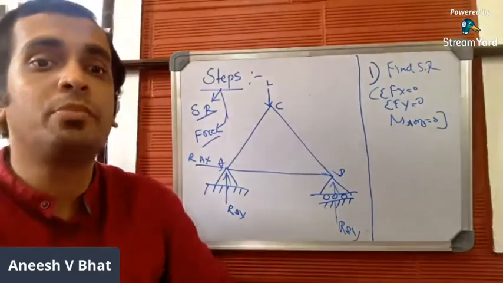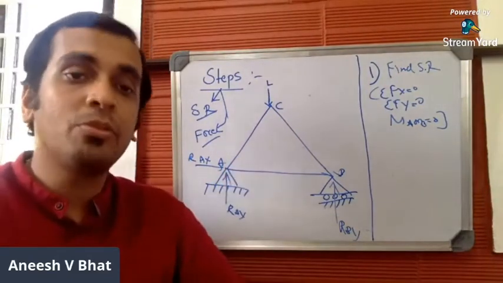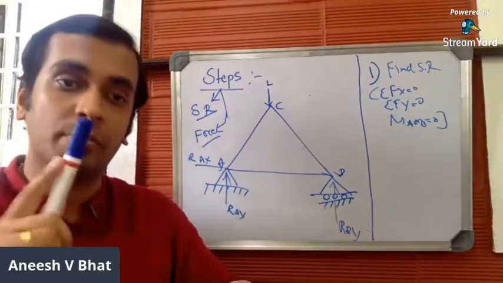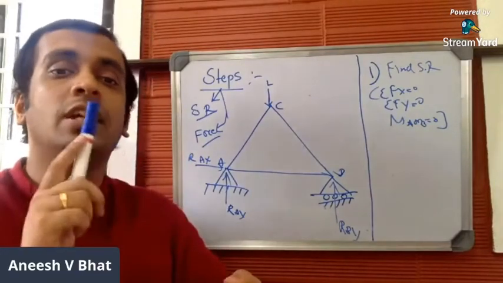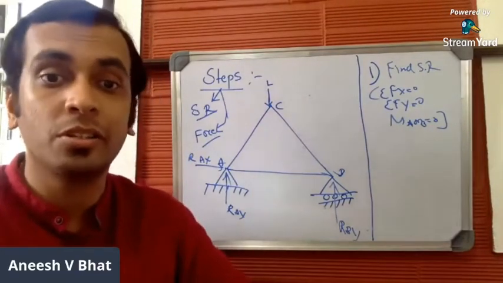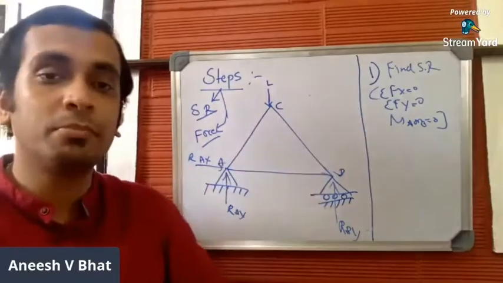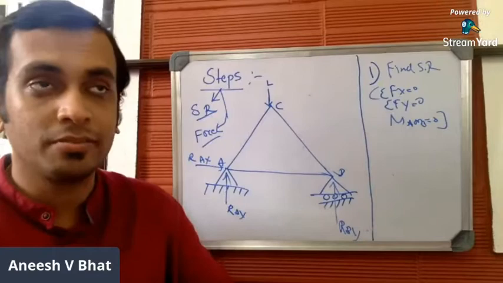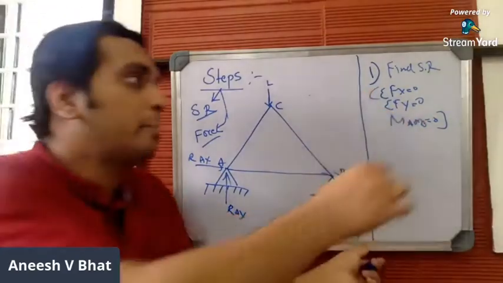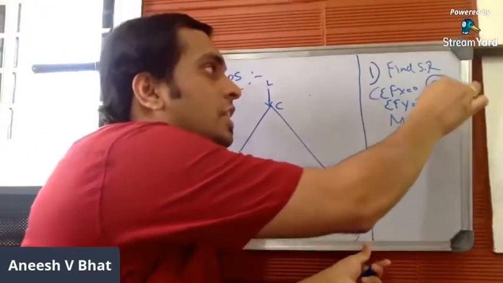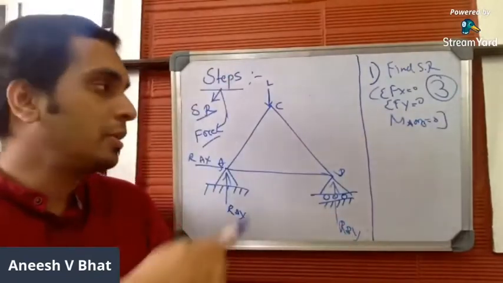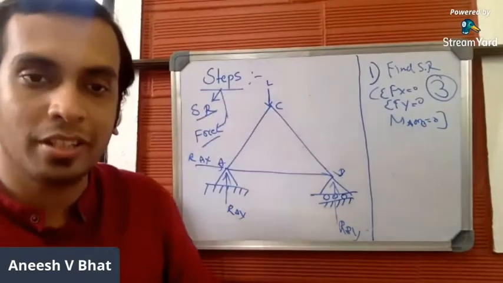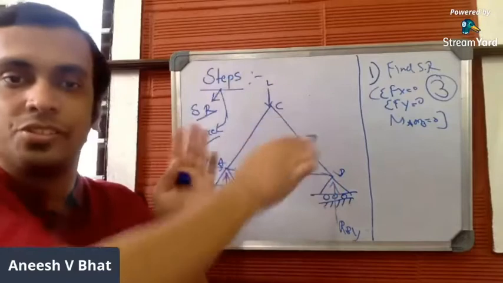In the first step, you'll be identifying the type of support given, marking the support reactions, and finding them. Step number one is completely concerned with finding the support reaction. You'll find it by applying the three conditions of equilibrium, because the entire system is non-concurrent. You'll be considering the entire truss system.